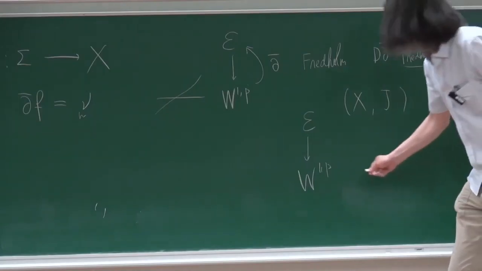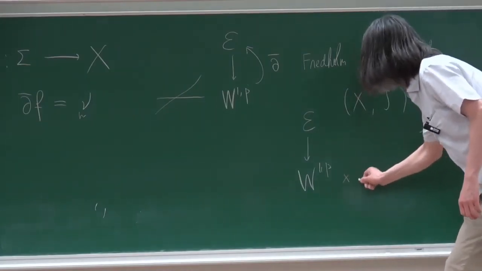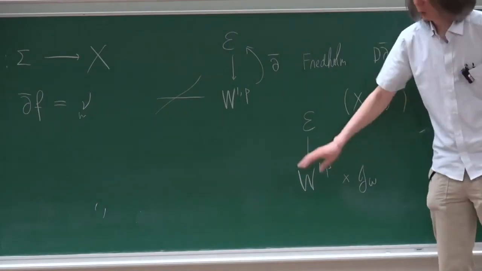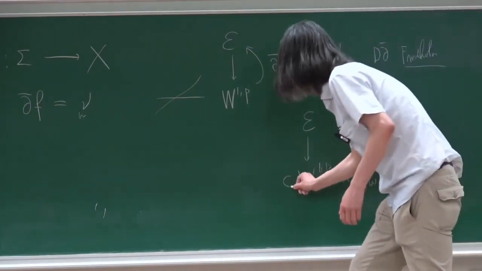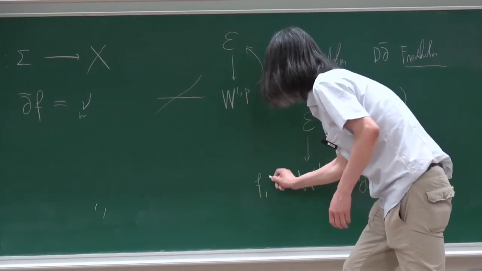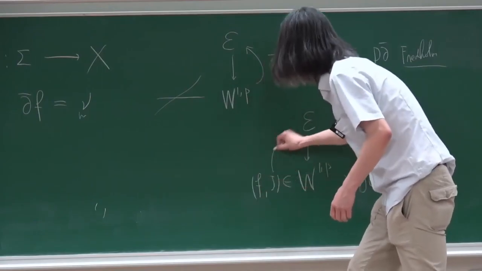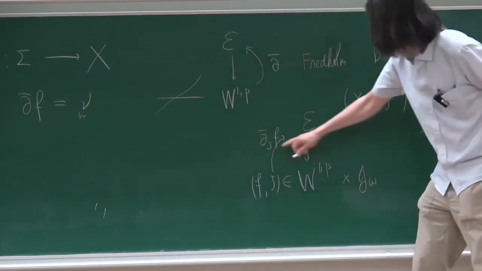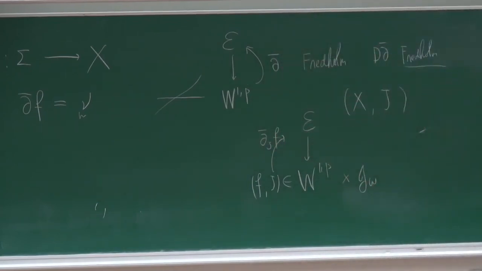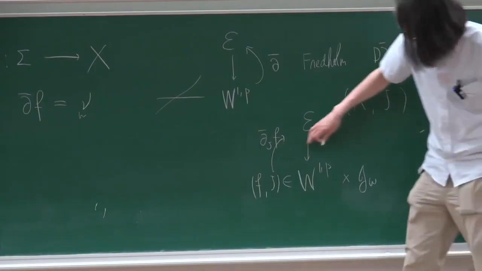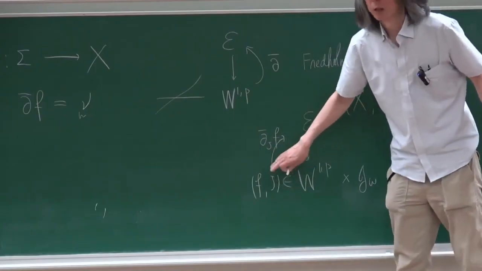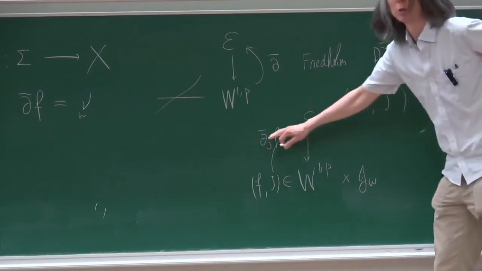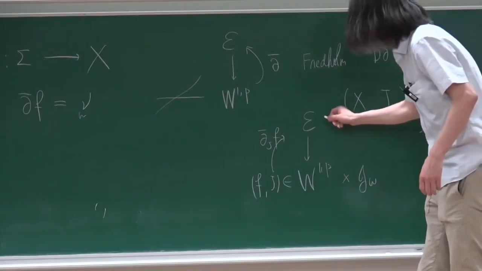So now you consider a product with this space and a parameterized problem. Here you take a map F and J, and consider the section d bar_J of F. Now we may vary J, so there is more chance to make it transversal.